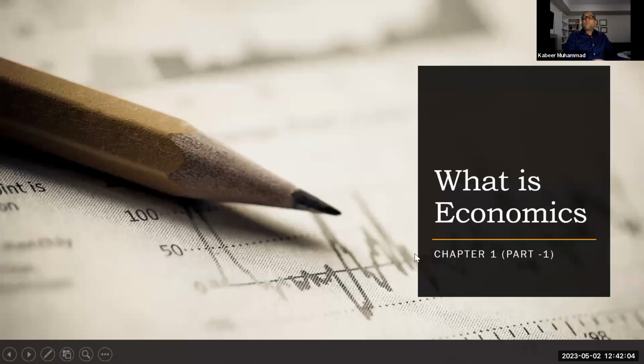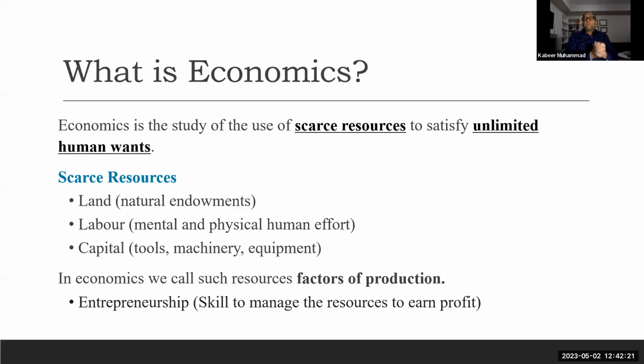What is economics? This is part one of chapter one in microeconomics. In any textbook you study, the first question we answer in our economics courses is what is economics, and why do we need to study it? We need to study economics because we are facing two big challenges in every individual's life, in every society, in every economy, and in every country or region.